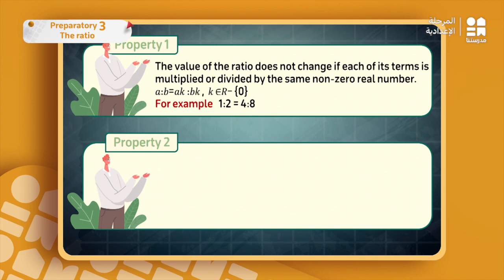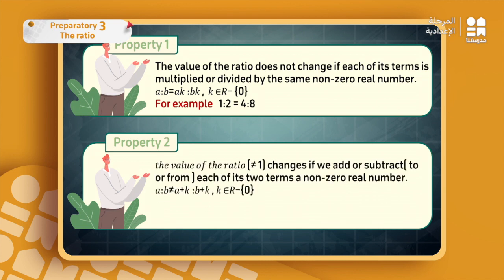طيب second property وهي عكس ال first property، بمعنى the value of the ratio which is not equal 1. يعني لو عندي ratio مش equal 1 changes. الأولى كانت does not change، المرة دي change if we add or subtract.